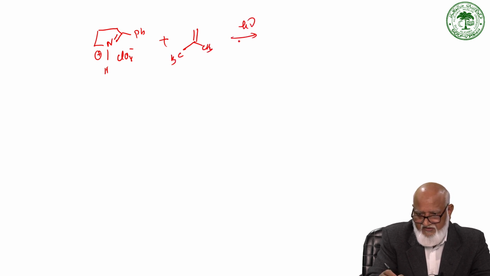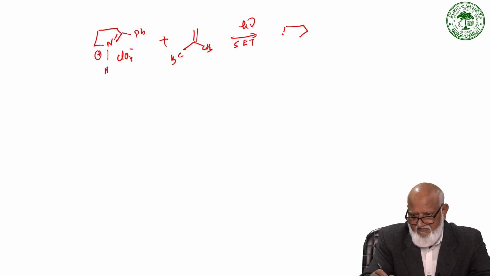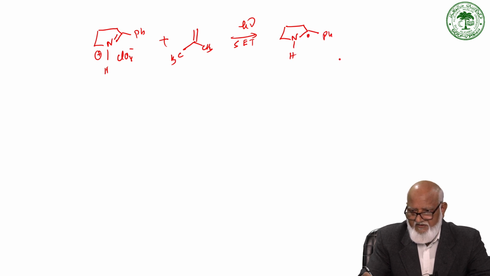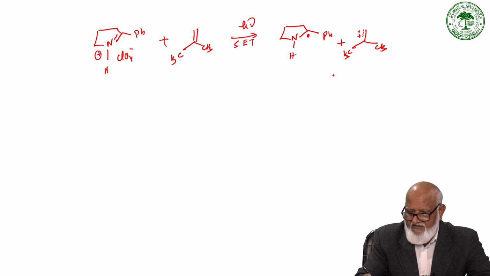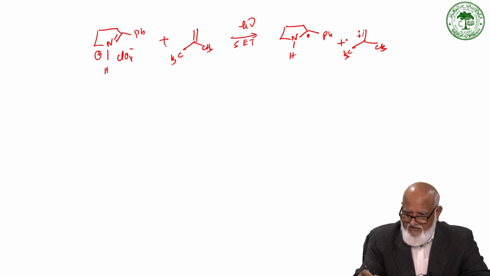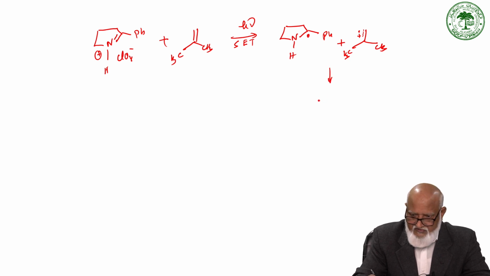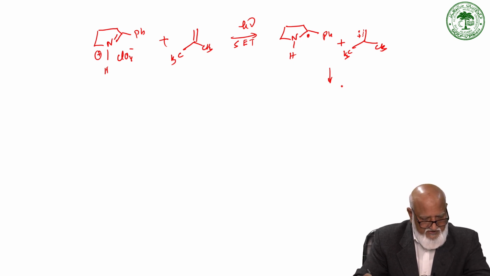In the presence of light it undergoes single electron transfer, giving a carbon center radical, a radical here, plus of course a CH3 radical cation. Then there is radical coupling, and then the quenching with methanol.